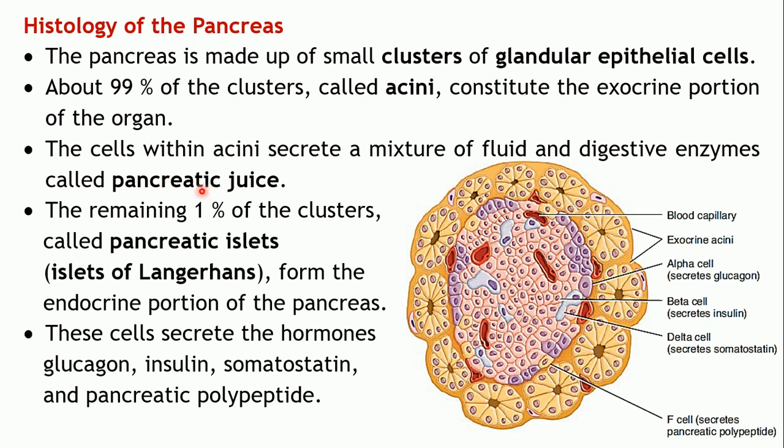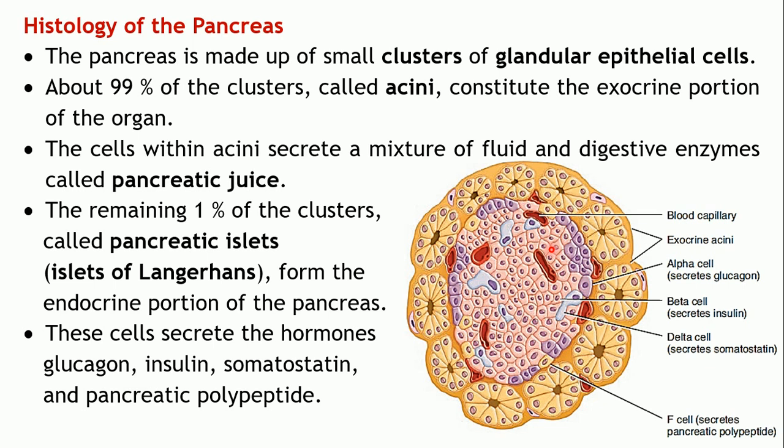Okay, so 99% of the pancreas comprises the exocrine part, whereas the remaining 1% of the clusters comprises the pancreatic islets, which are also known as islets of Langerhans. This is the one. They are composed of several types of endocrine cells, which produce different types of hormones, which are directly secreted into the bloodstream. They are not carried to their site of action through ducts.